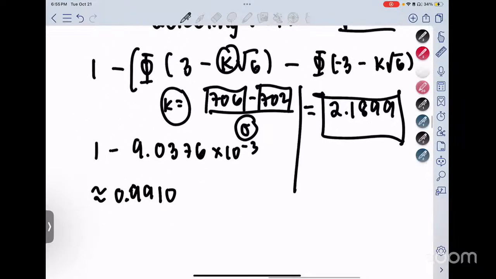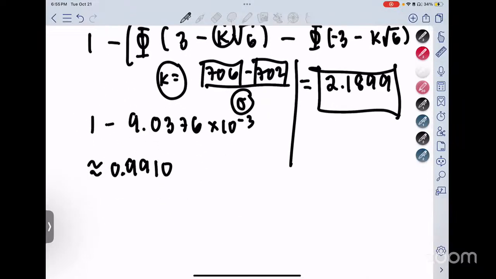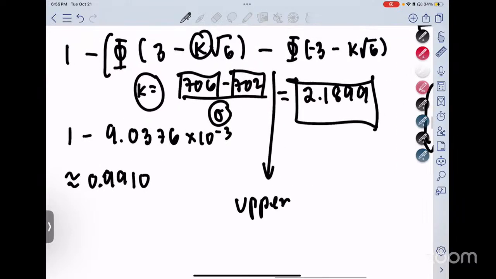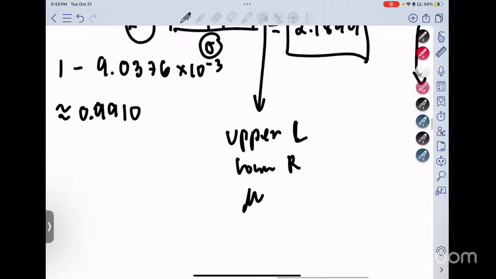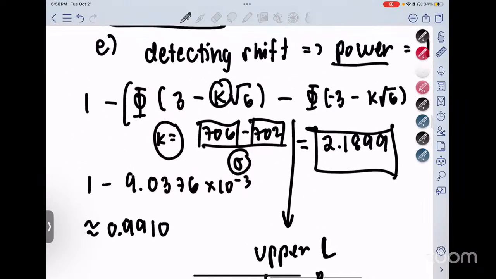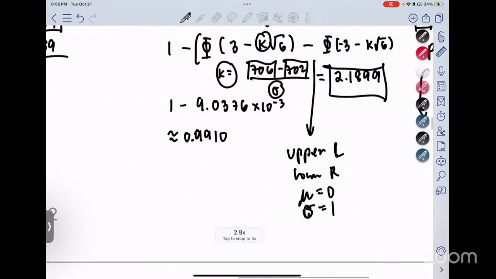Again, this is plug in na lang sa calc as sigma. Your upper is the left and your lower is the right, and then set mu equals 0, sigma equals 1, because what you're doing here is normalizing it. You'll get this value.